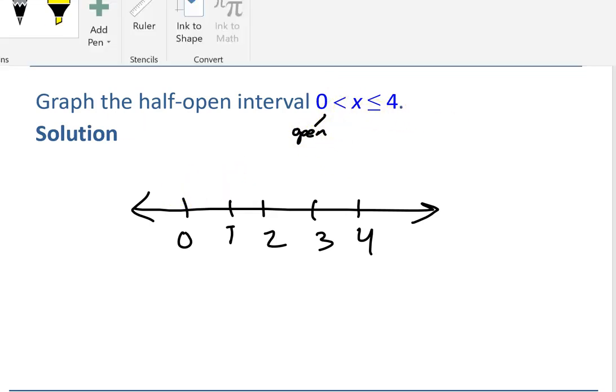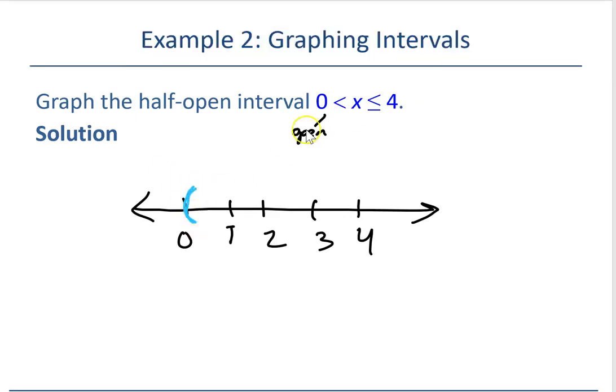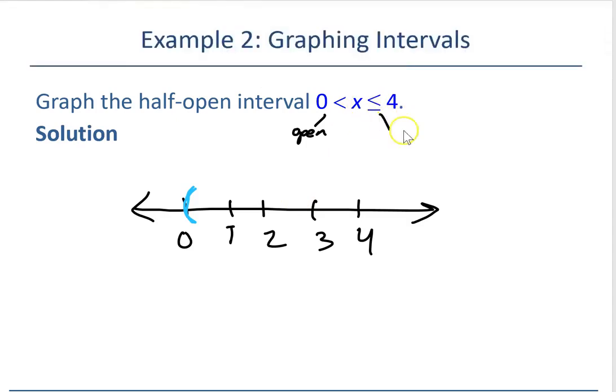Open parenthesis is going to be this right here, because we notice it's greater than, so it's going off to the right. Well, here we also have less than or equal to, so that's going to be a closed, and those are always done by brackets. So our opens are always going to be the parentheses, and our closed are going to be brackets.